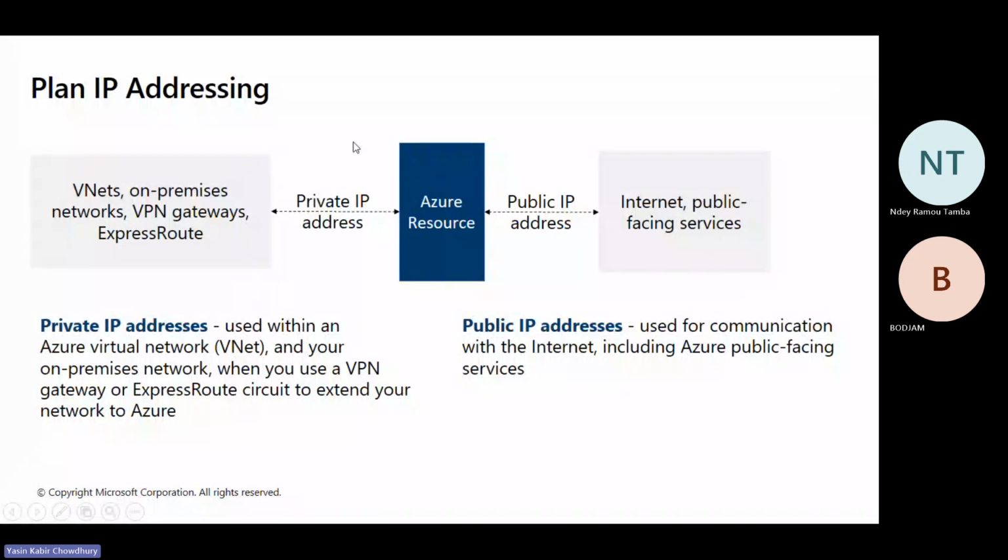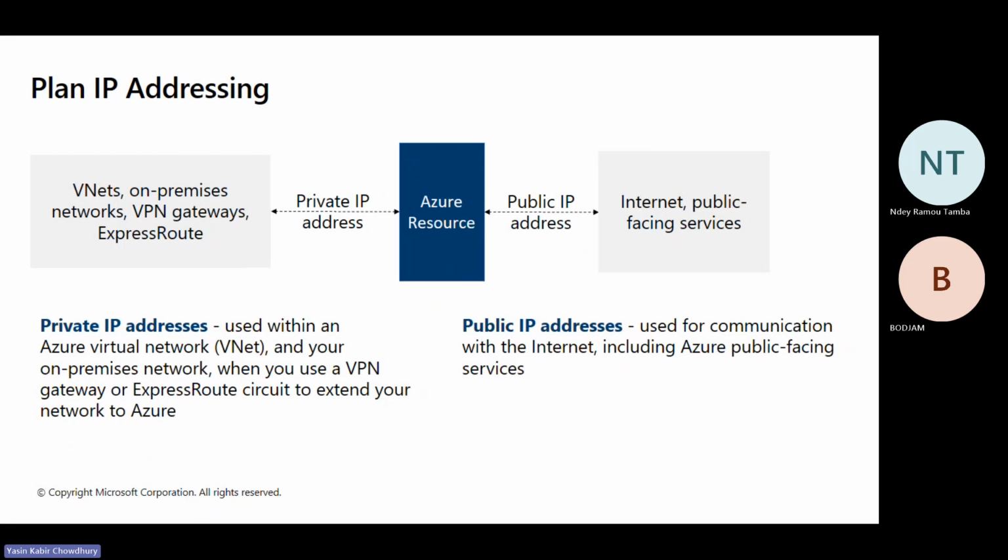Before that, we need to know about a private IP address and a public IP address. We know this because we did it in the CCNA class just a couple of months ago. So what is a private IP address? Private IP addresses are those from which people cannot access you from outside of your network.